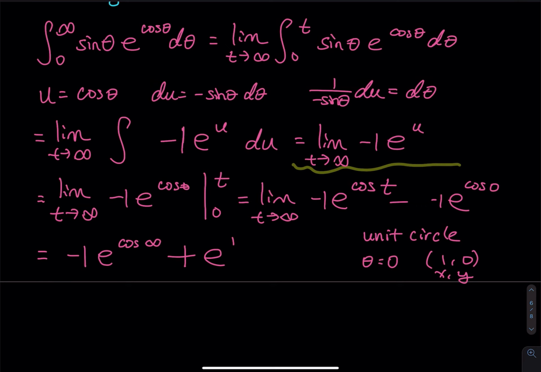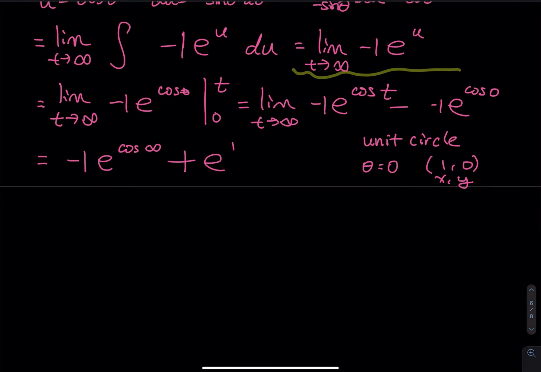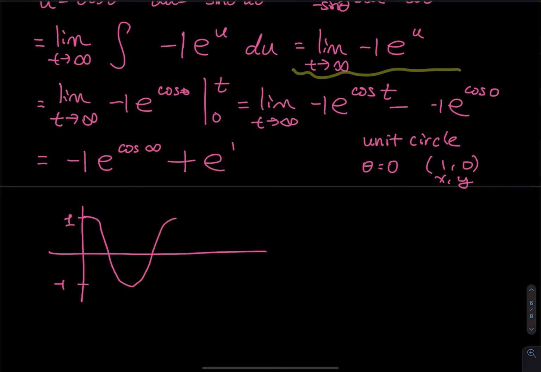And then what about cosine of infinity? This is the second reason why I picked this problem. Give me the graph of cosine. So cosine is between -1 and 1. The range is jumping between 1 and -1, and it starts at 0, 1. So it looks like this. That is one period, and then this is another period, and then it keeps on going, right?